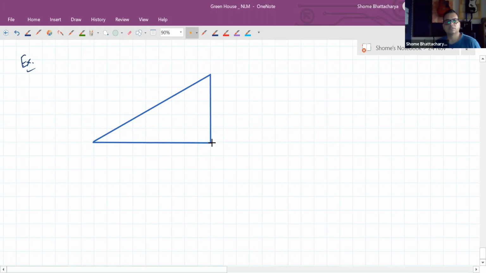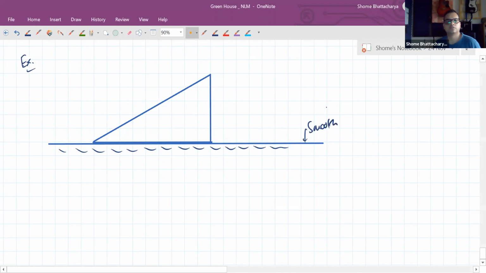So this time we don't have the complication of the combination of threads and all that. It's just a little bit more simple. So on this smooth surface, you have this wedge, okay, of mass capital M, and a block of mass small m is placed on it.